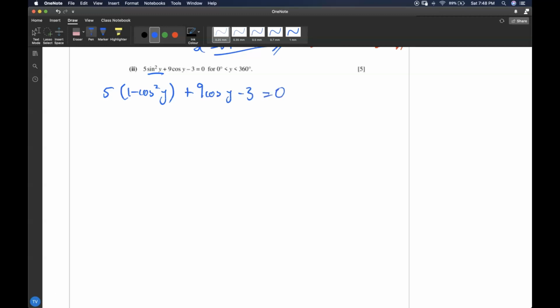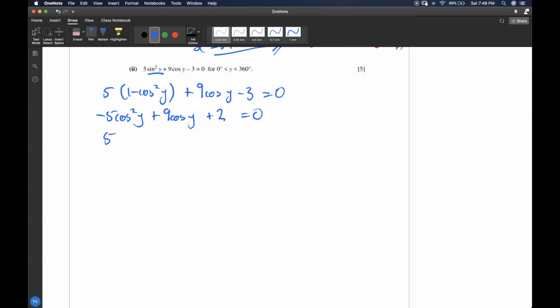Okay, notice that this is an identity. So sine square y is equivalent to 1 minus cos square y. Okay, so I'm going to expand this and I'm going to get negative 5 cos square y plus 9 cos y plus 2 equals 0.